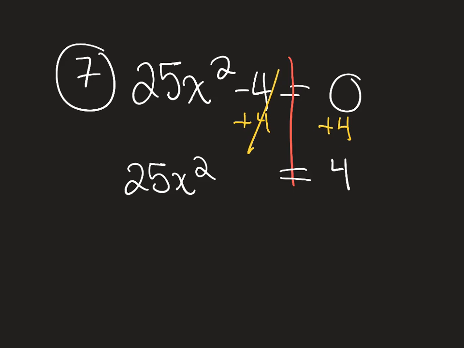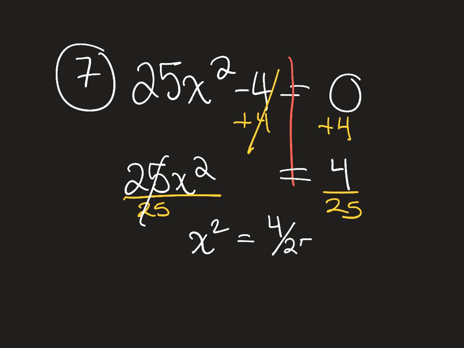Now who is hanging out with my x squared? A 25, that's right. And to undo what they're doing, because they're multiplying, we need to divide. So divide by 25 and divide by 25. So I get x squared equals 4 over 25.